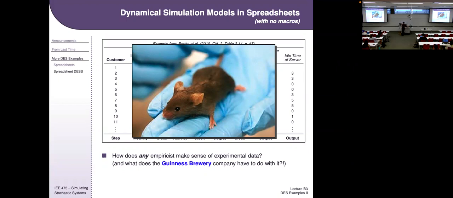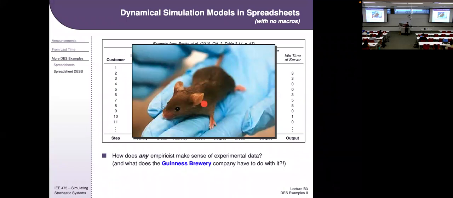And so the empiricist studying the mouse in the maze needs to decide how many mice do I need to run, and also design the experiment to account for the fact that the mouse's performance at one part of the experiment may not totally match their performance in another part of the experiment. So I have to deal with all of this variability. And so this is identical to what we're going to have to deal with, the variability in our systems. And so we're going to use the same tools.